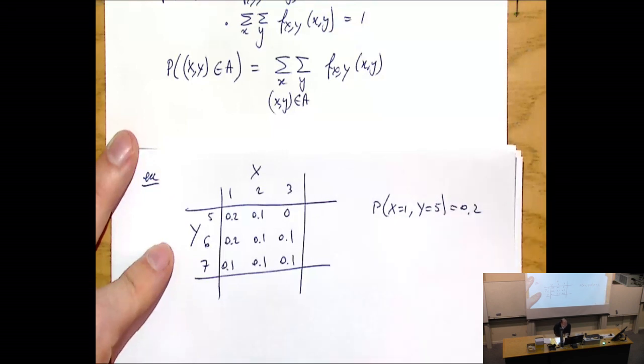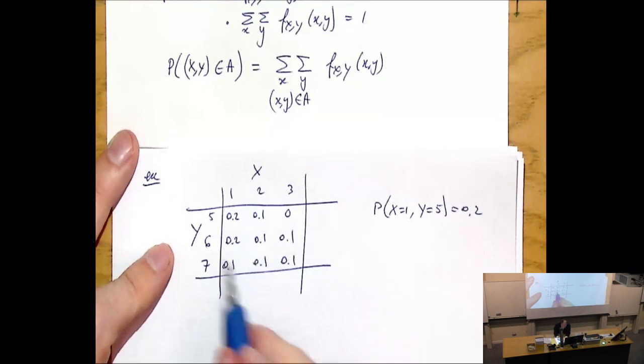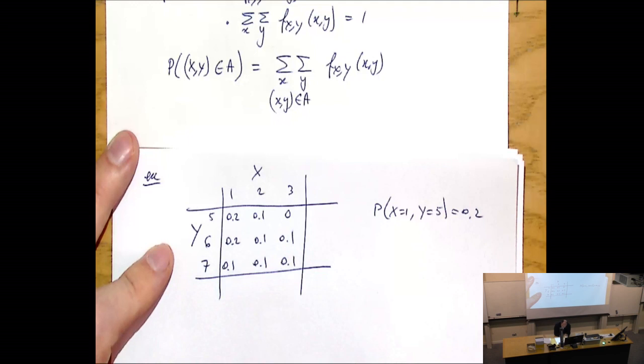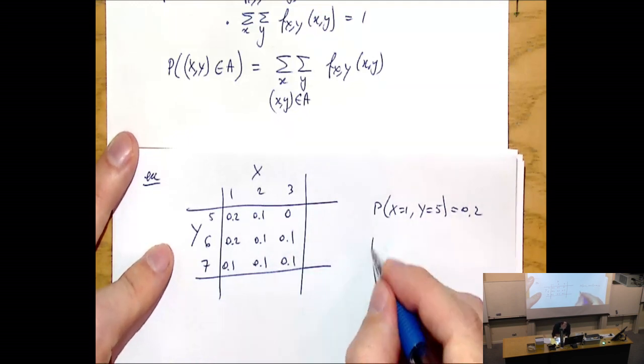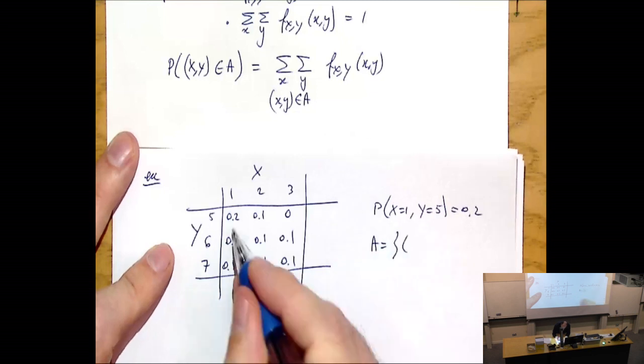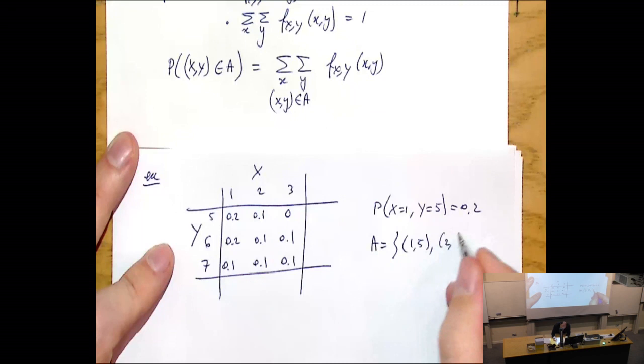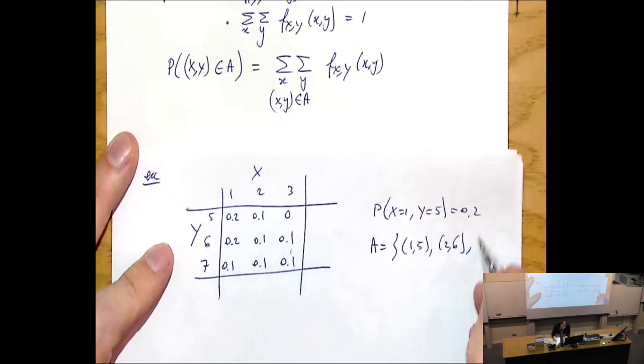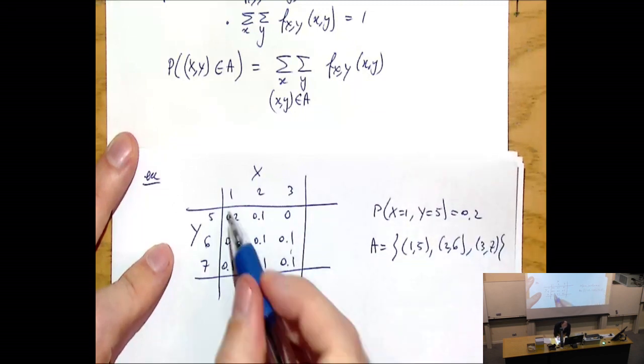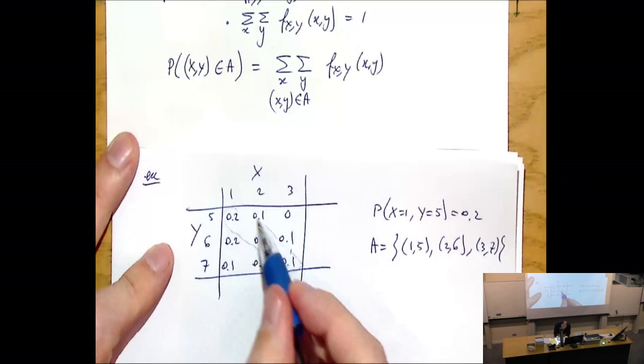That's essentially the joint probability mass function that is given for all values of x and y. And if I'm interested in a certain event A that is, for instance, (1,5), (2,6), (3,7), I'm looking at essentially those diagonal entries here.